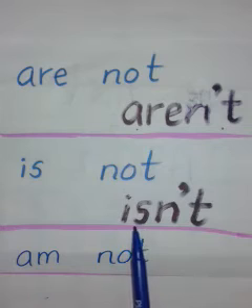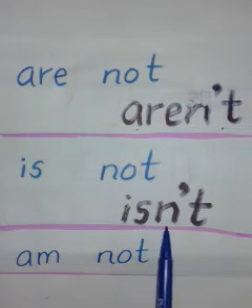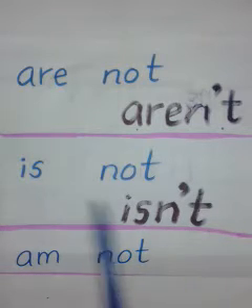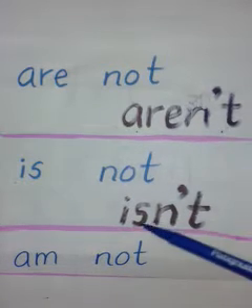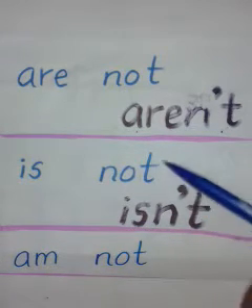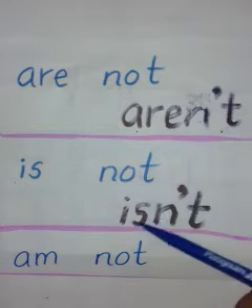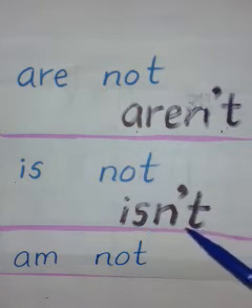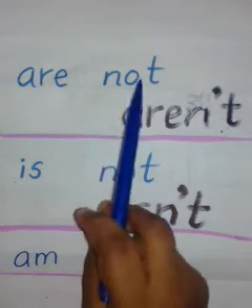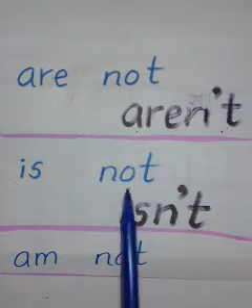The contracted form of is not is isn't. Aren't and isn't instead of are not and is not.